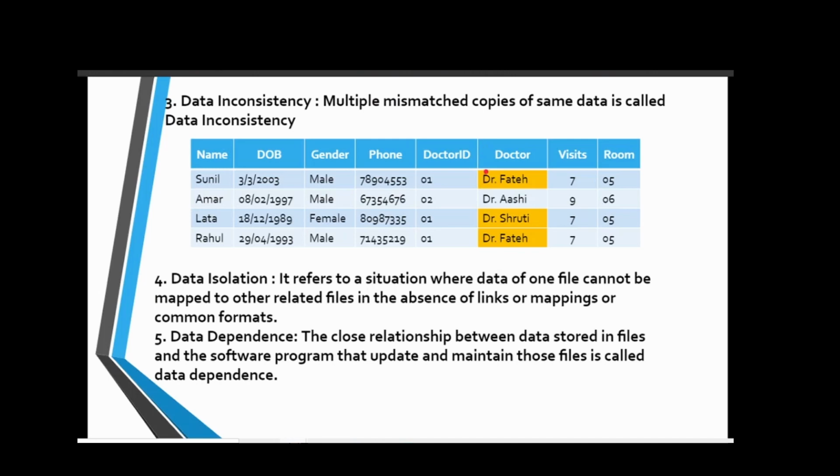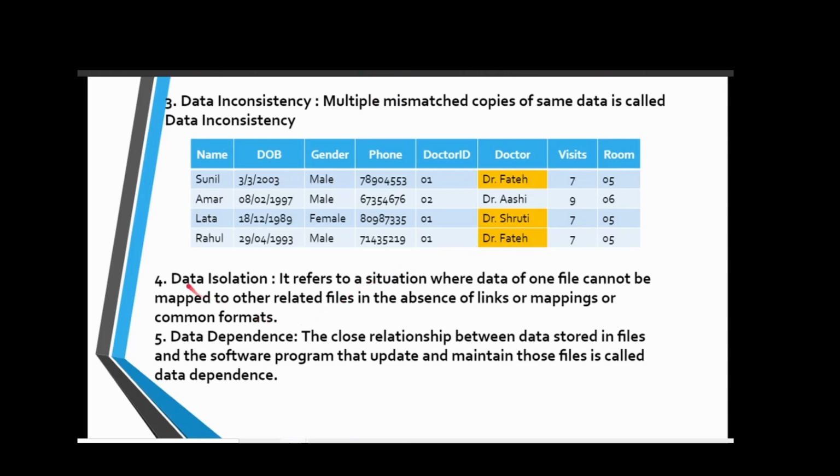Okay, so here Dr. Fateh is there, and suppose Dr. Fateh leaves the hospital for any reason and Dr. Shruti has joined. So in some places Dr. Fateh's name is written over here, as it's not yet updated. So it seems there are two entities, but actually there is one. Okay, so this is called data inconsistency, that is mismatched copies of the same data.